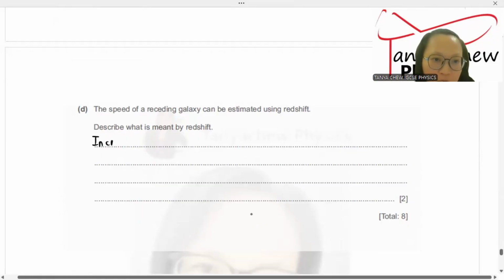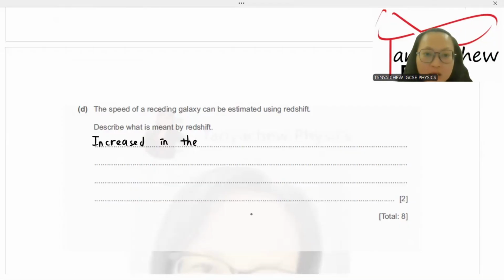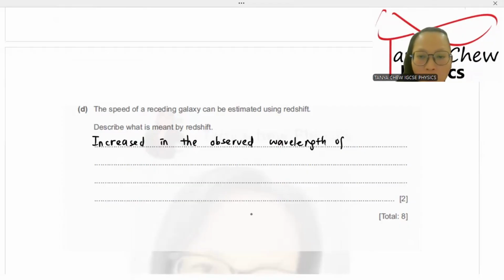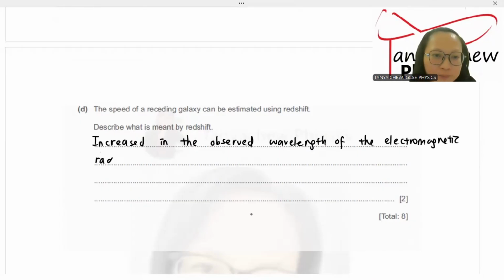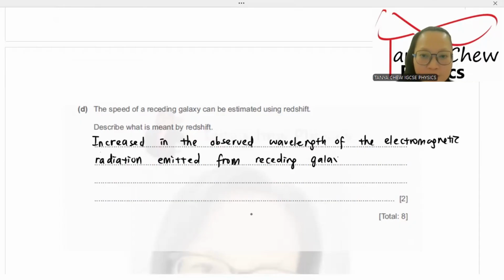Redshift means the increase in the observed wavelength of the electromagnetic radiation emitted from receding galaxy and star.